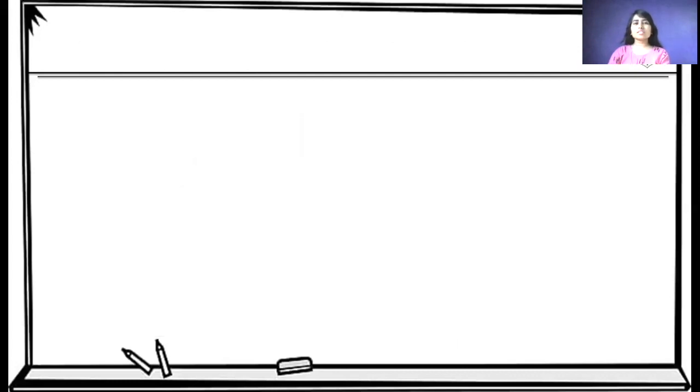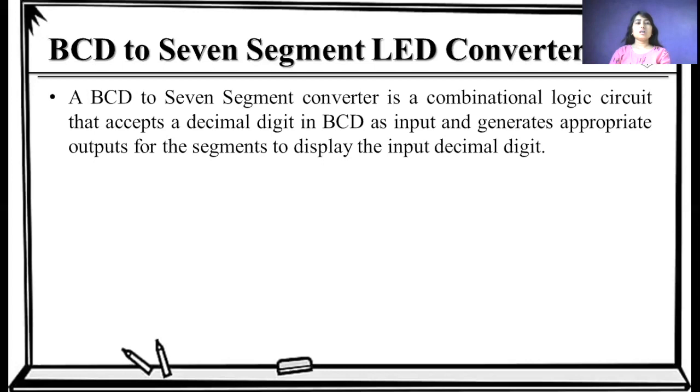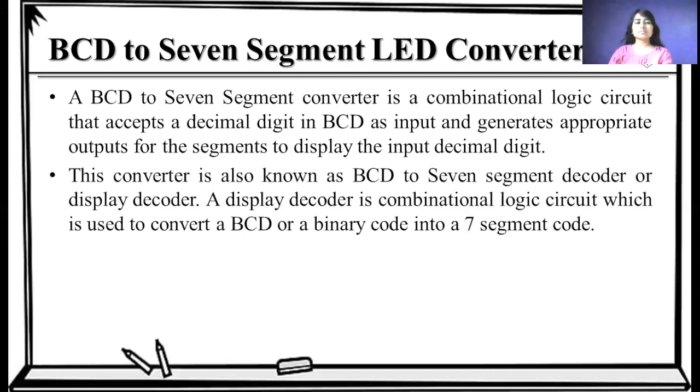Now let's discuss another converter circuit, the BCD to 7 segment LED converter. A BCD to 7 segment converter is a combinational logic circuit that accepts a decimal digit in BCD as input and generates appropriate outputs for the segments to display the input decimal digit.